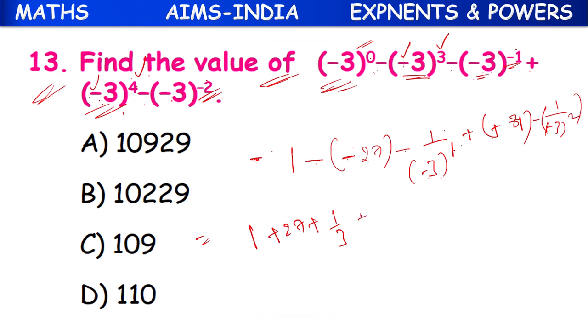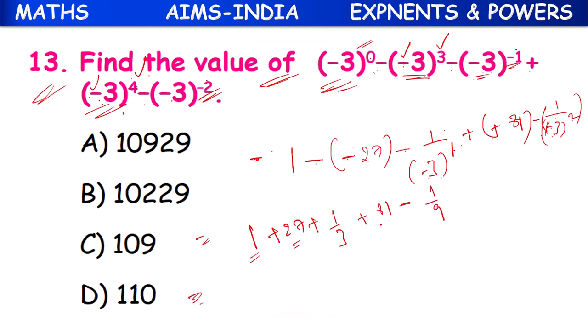Plus into plus, plus 81. Minus 1 by (minus 3) whole square: minus is there, but 2 is a positive even number, so minus will become plus. 3 square means 3 into 3, 9. So outside we have minus 1, inside we have 1 by 9. Let's simplify further.